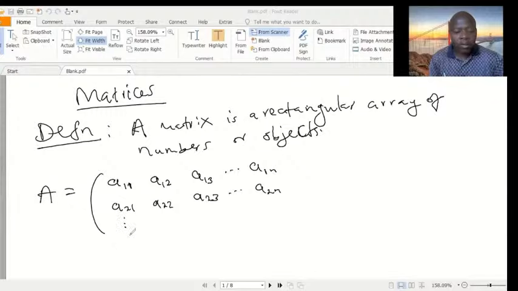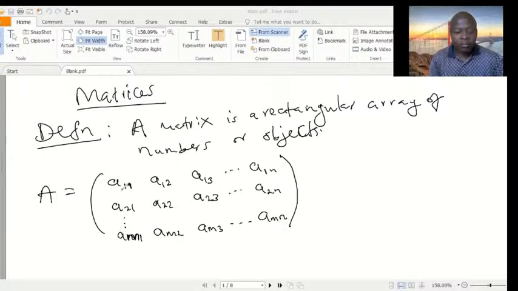This will continue up to row M, so we have AM1, AM2, AM3, all the way up to AMN.